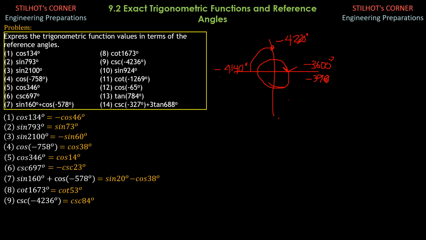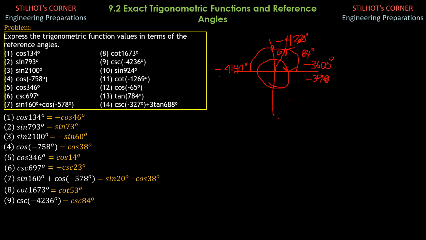So 6 degrees more in the clockwise direction. It terminates in the first quadrant, that's why. So therefore the reference angle is this angle here, 84 degrees, 90 minus 6, and cosecant is positive in the first quadrant. So that's why cosecant of negative 4236 is also cosecant of 84.